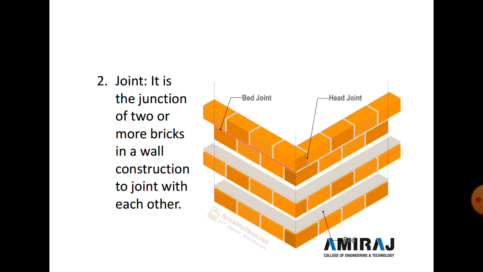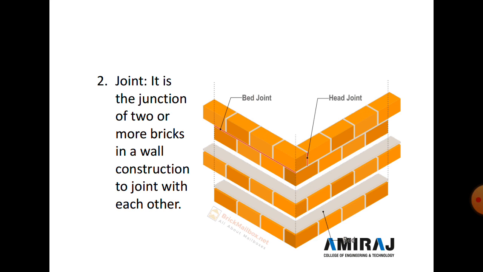Now the next definition is joint. It is the junction of two or more bricks in a wall construction joined with each other, and is called a joint. There are two types of joint, head joint and bed joint. What is a head joint?